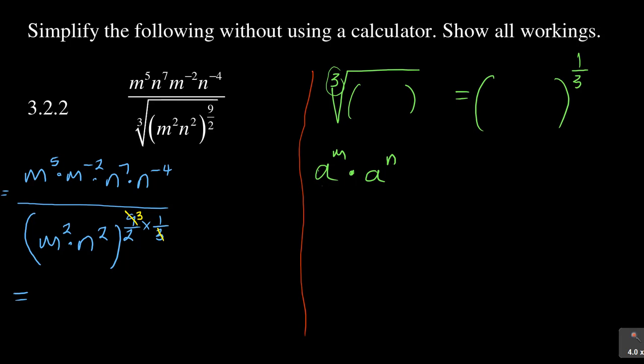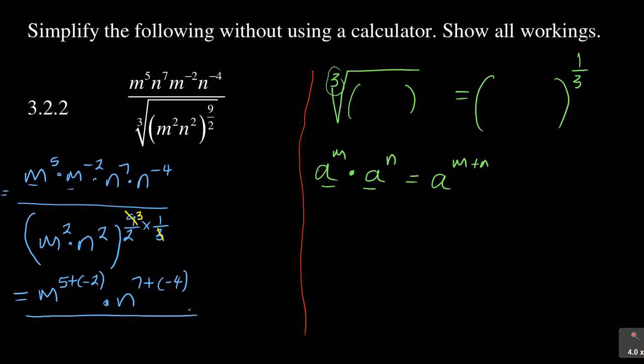If you are having the same base and a multiplication sign between the bases, you are going to write that base and you add the exponents, which is m plus n. So basically that's what we're going to do there at the numerator, which is m, the bases are the same, so we're going to have 5 plus minus 2. Again, we do the same thing to the n, which is n to the power 7 plus minus 4. There are many different ways you could have done this one, but I'm just going to be working it as it unfolds.